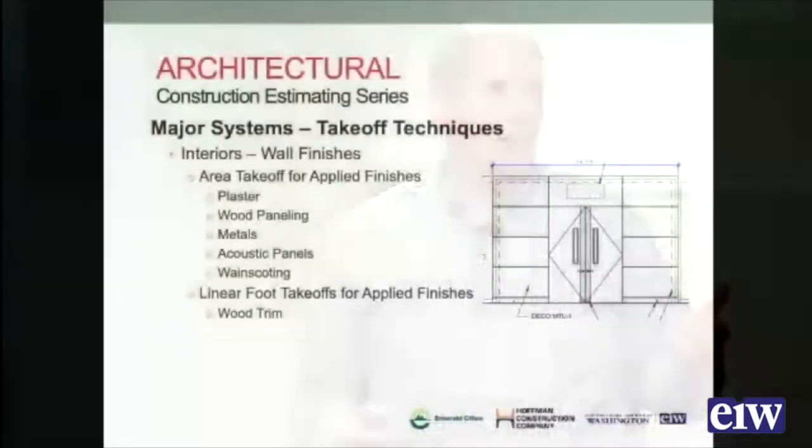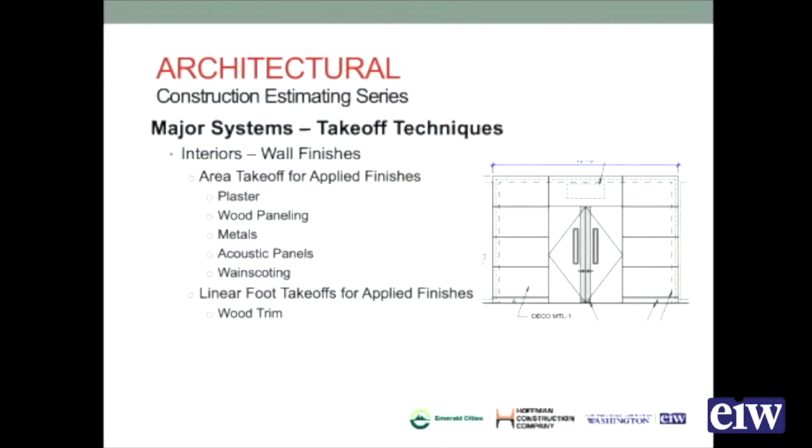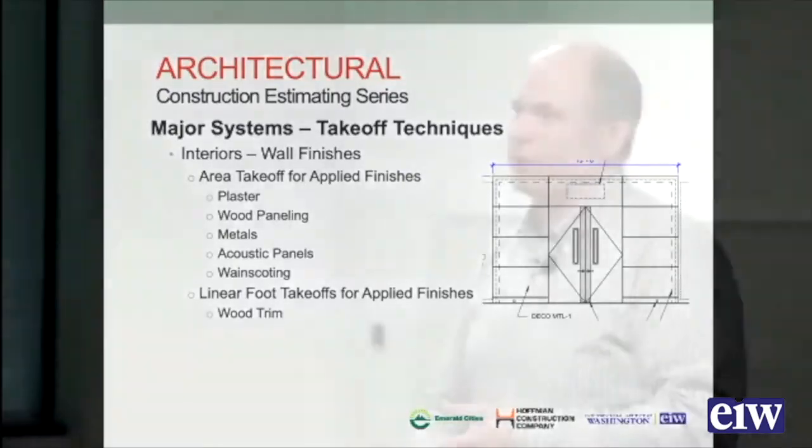Then the next area. We've talked about the floors, we've talked about the ceilings, now let's talk about the walls. Wall finishes are applied to gypsum surfaces. So if you see plaster as the finish on a wall finish schedule, know that you have a wall behind it.